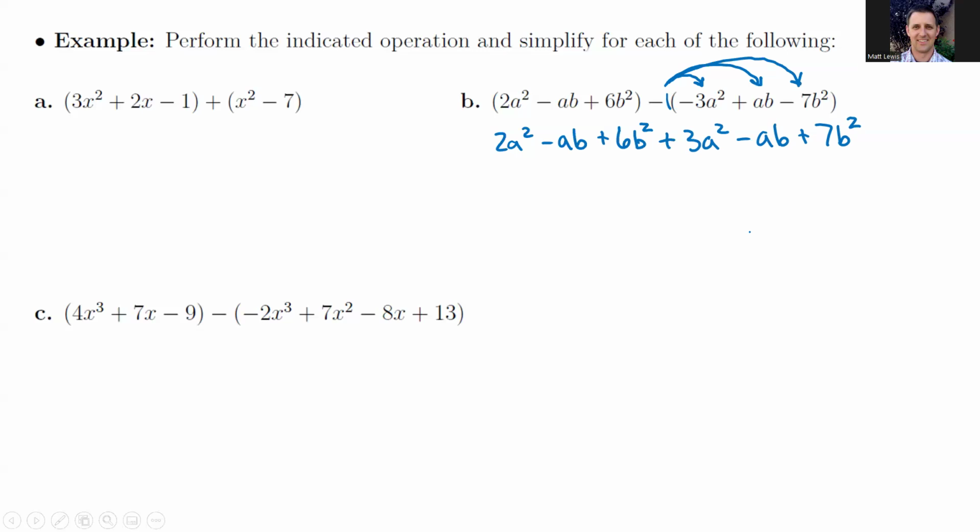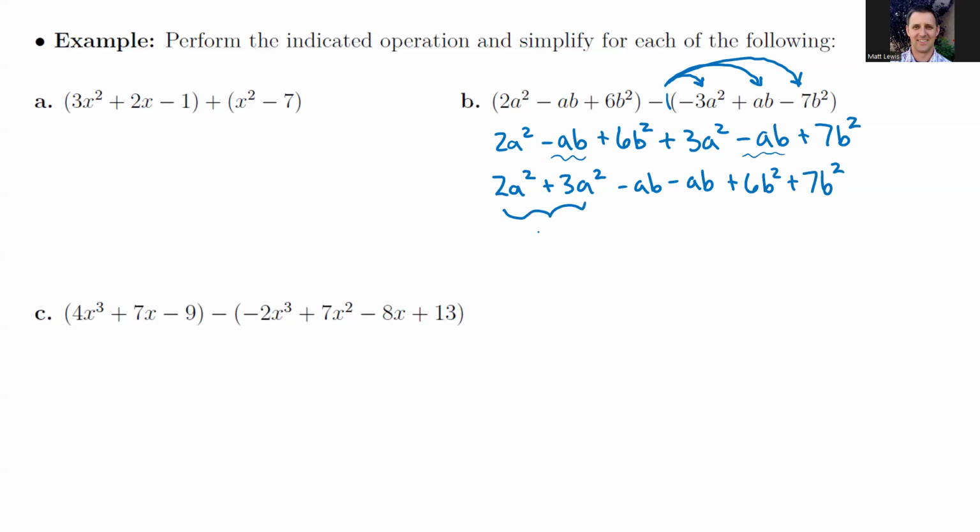And then as we've done in the past, we can reorder so that we put the a squareds next to one another, and the abs next to one another. By the way, it's okay to have multiple variables. These are like terms because it's the same variables raised to the same powers. And then plus 6b squared plus 7b squared.